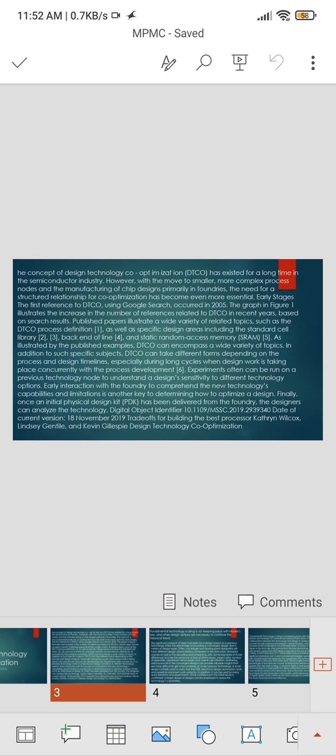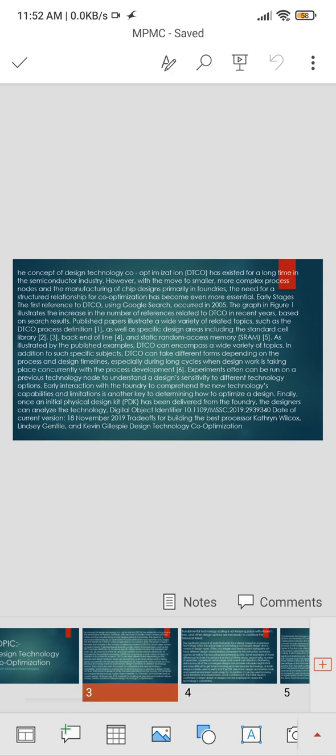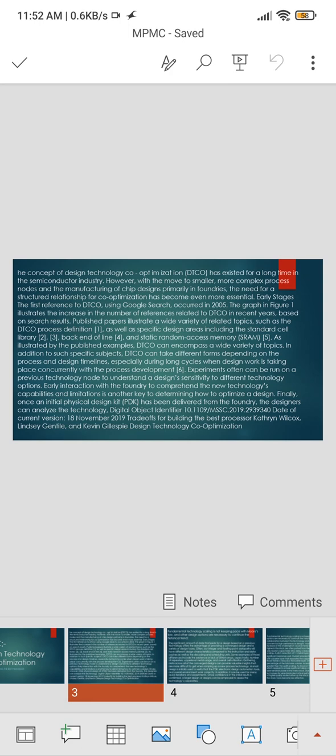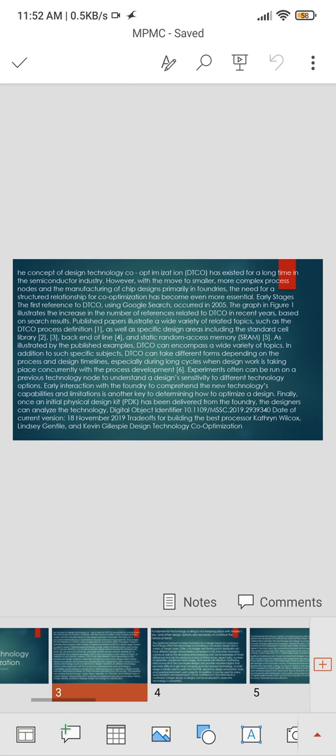In addition to such specific subjects, DTCO can take different forms depending on the process and design timelines, especially during the long cycle when design work is taking place concurrently with process development.